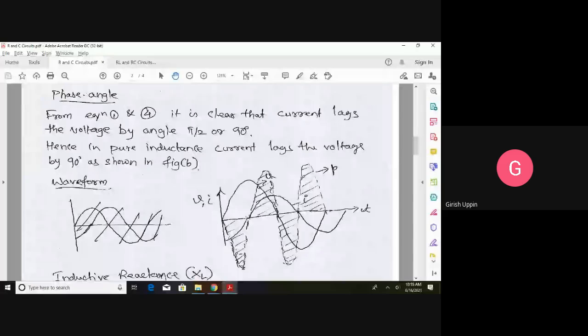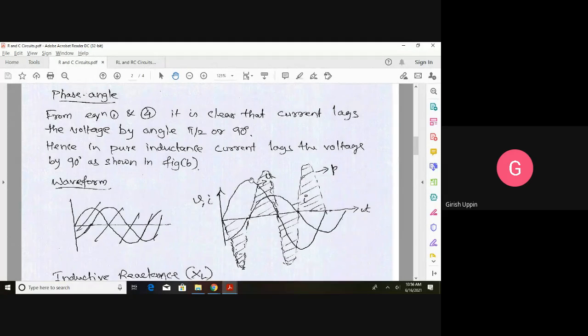How you can intuitively understand this is, when you are connecting an alternating voltage to the inductor, you apply the voltage. When this voltage is rising, it will have an opposing effect in the inductor, and that is why initially there won't be any current.